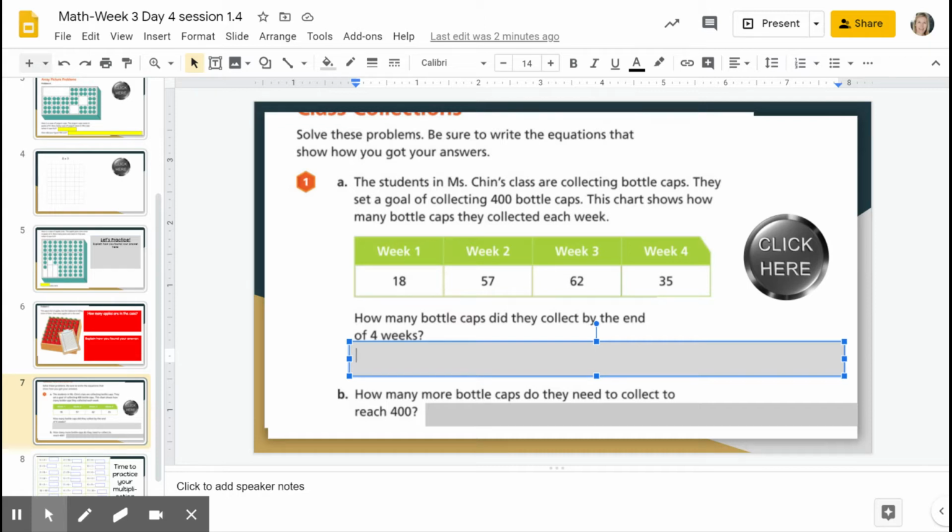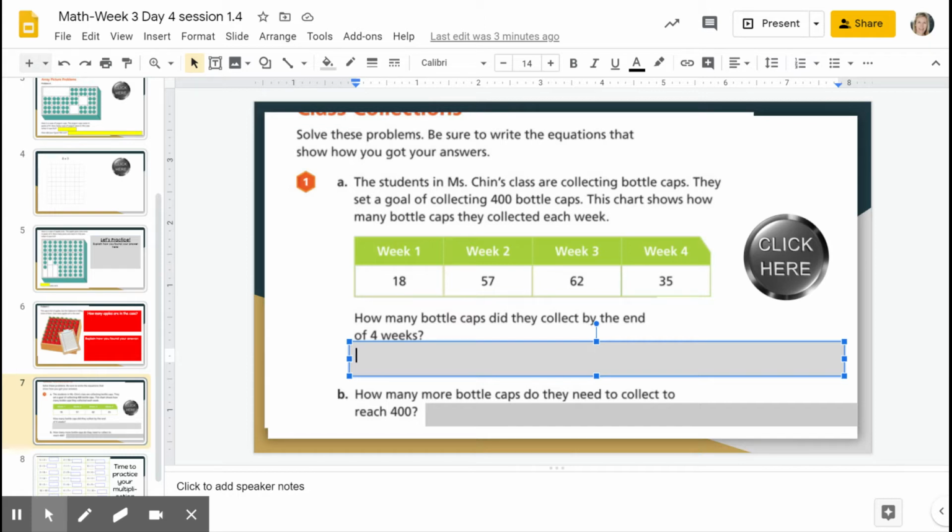You could add all of the ones places and then add all of the tens place numbers and then add them together. You also might round up and then subtract at the end. Or you might just add two numbers and then add them to the 3rd number and then add them to the 4th number. Whichever way you choose to do that, you just need to make sure to write an equation.